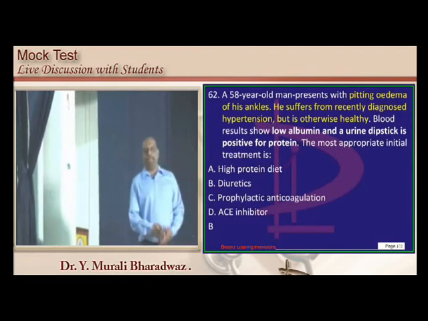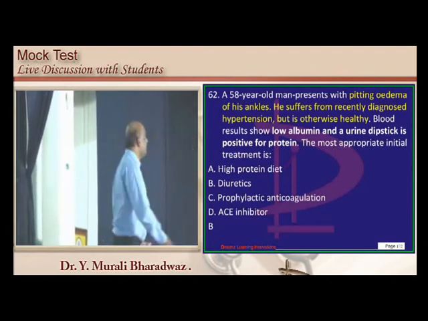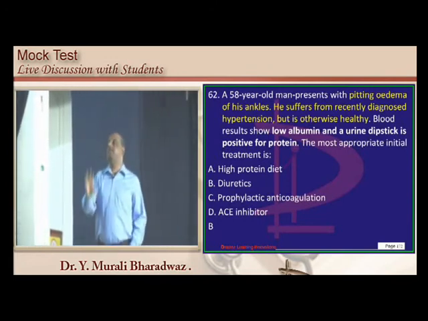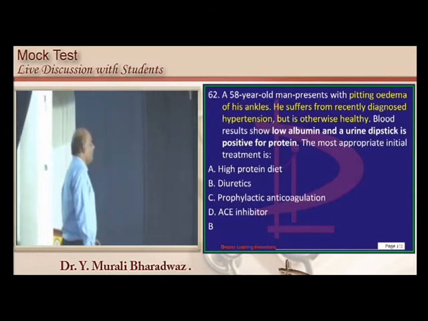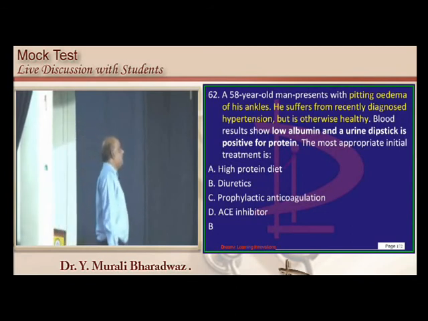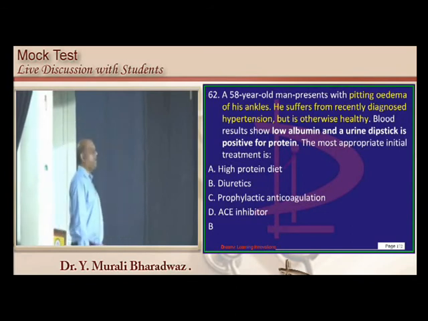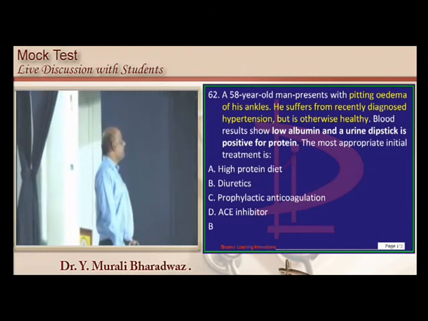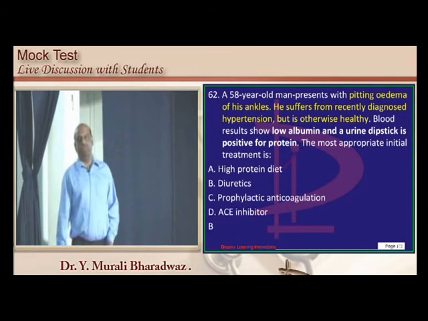Pitting edema of the ankles, there is hypertension, low albumin, and a urine test showing positivity for proteinuria. So what is the most important test or intervention you want to do? All these are the classical features of nephrotic syndrome.